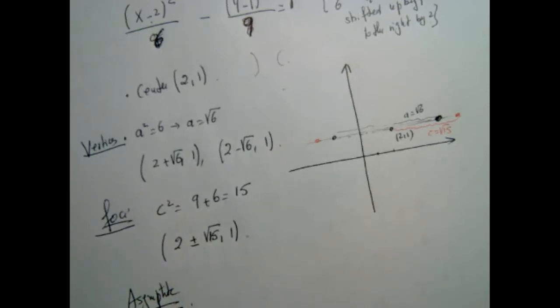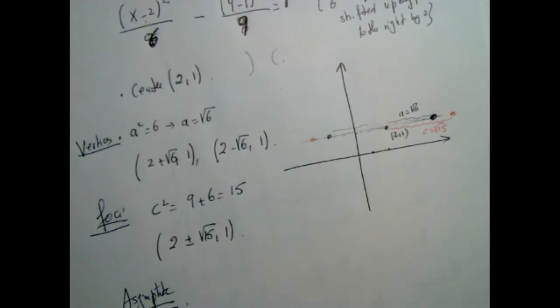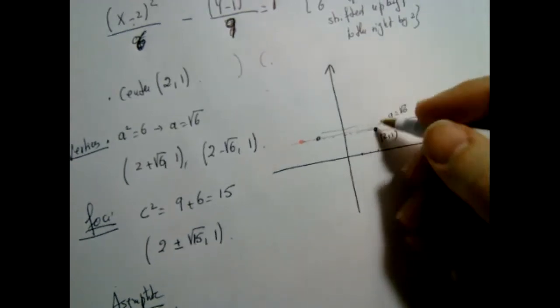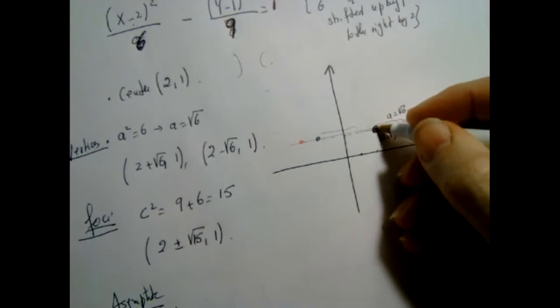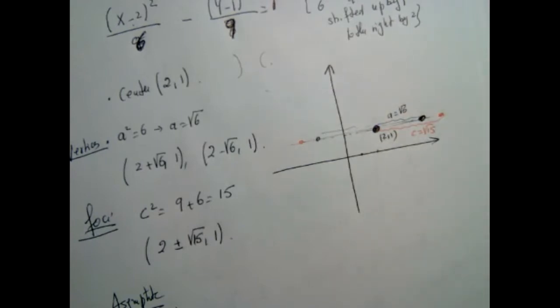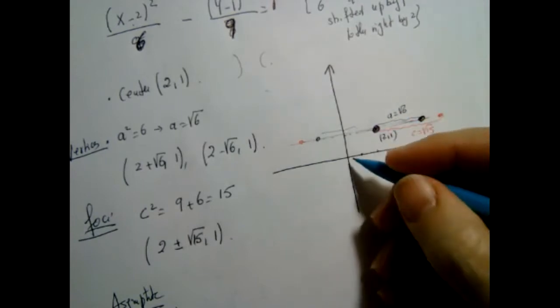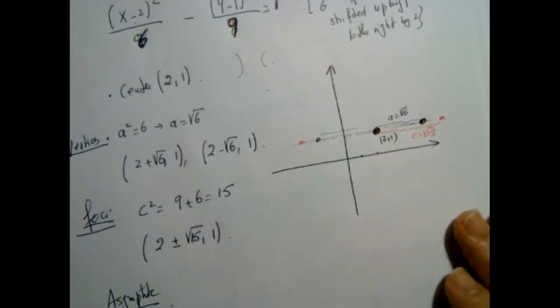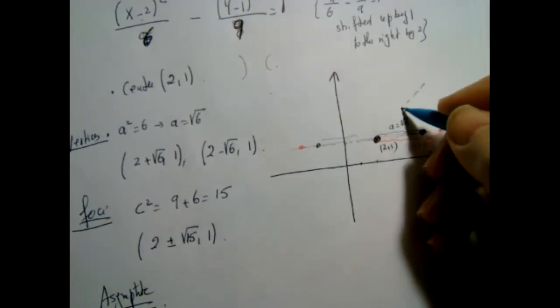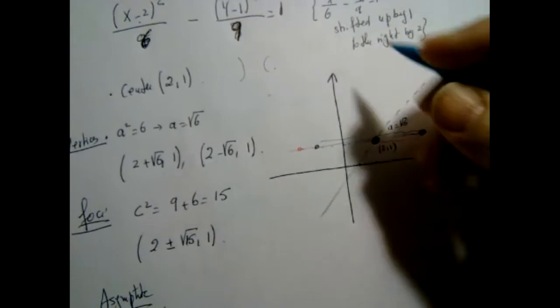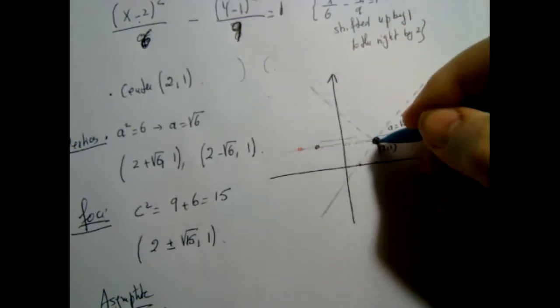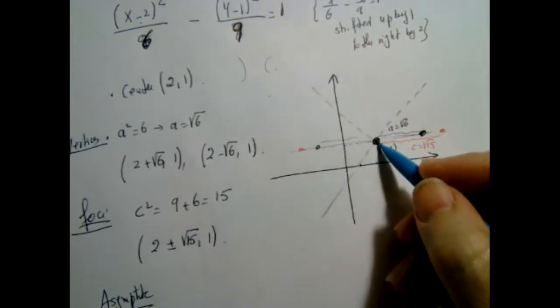Okay, what are the asymptotes? Anybody figure them out? Remember, this time, that's the center. So the asymptotes in this scenario will not necessarily go through the origin. So the point on the asymptote is going to be 2, 1, because everything is going to be shifted.